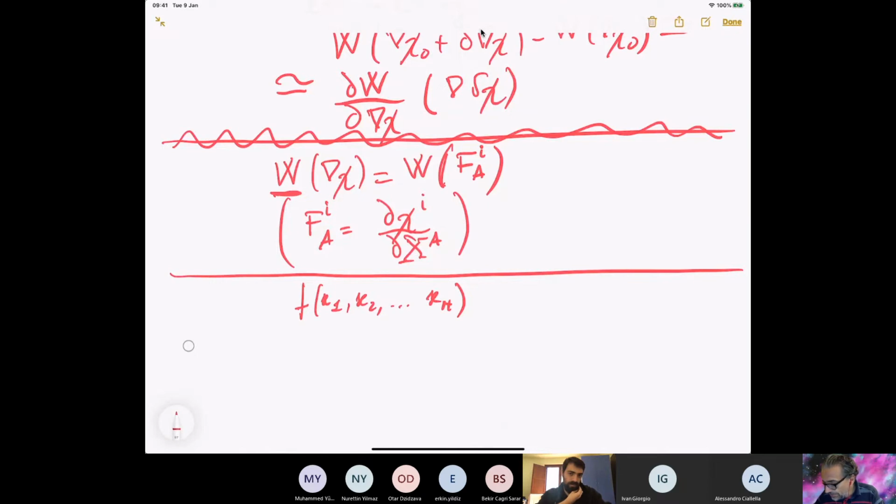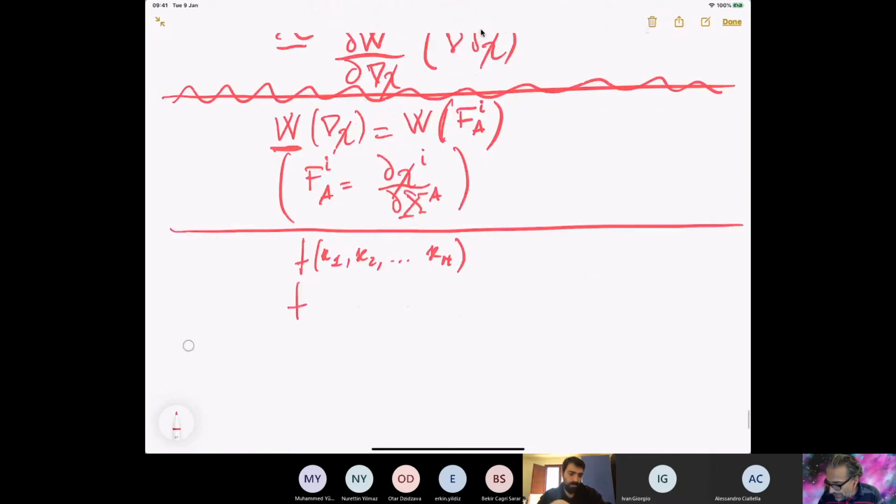I hope, but I will repeat for you the result. The Taylor expansion can be written in this way.